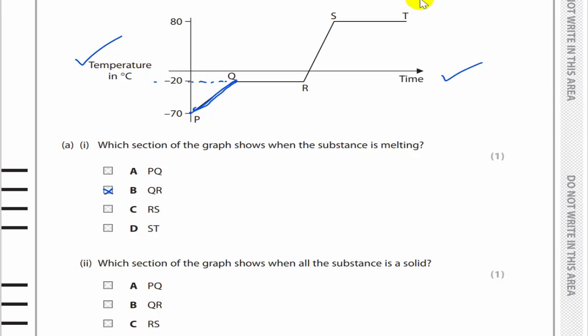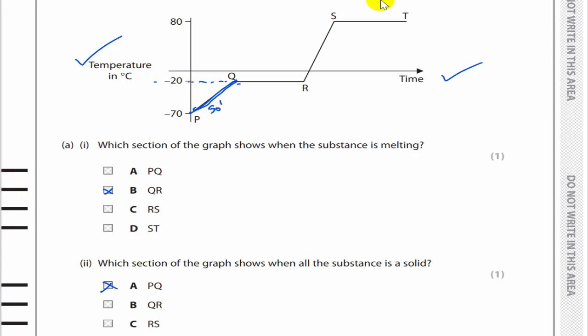So the correct answer is A, PQ. B is incorrect as the substance is part solid and part liquid. C is not correct as the substance is in liquid state.